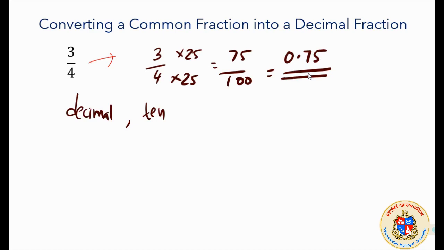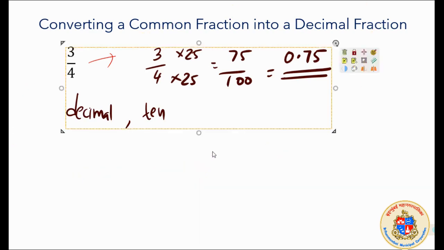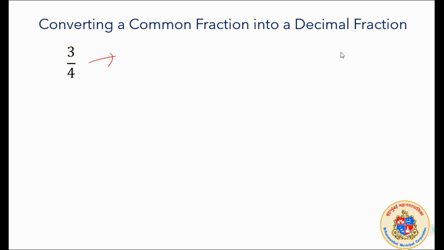Simply you have to put the decimal point thereafter. This is a technique your textbook is also advising you to do. Convert the denominator into multiples of 10. Okay, that technique you should remember when it comes to converting a common fraction into a decimal fraction.